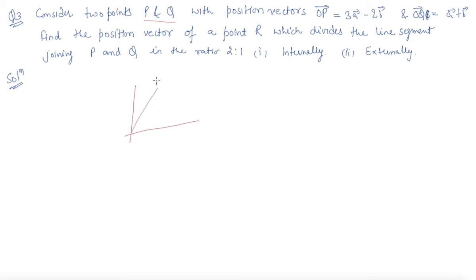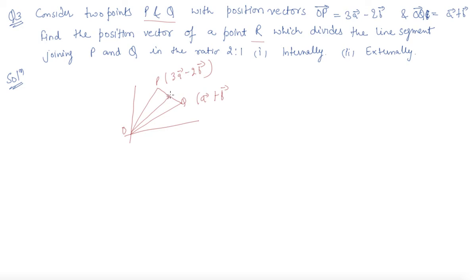So let's say this is point P and this is point Q, and the position vector of P, with O as the origin, is given as 3a minus 2b, and OQ is given as a plus b. Find the position vector of R which divides the line segment joining PQ.